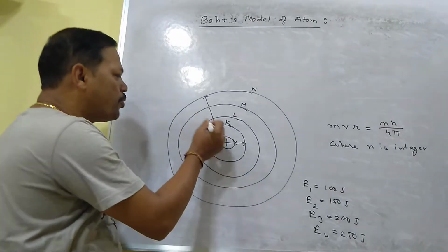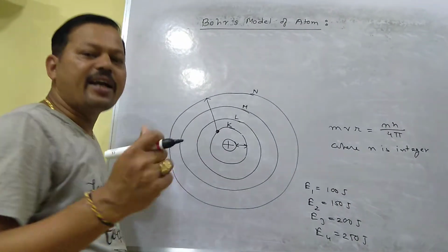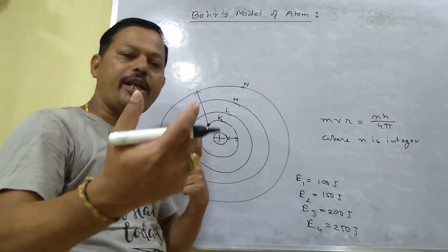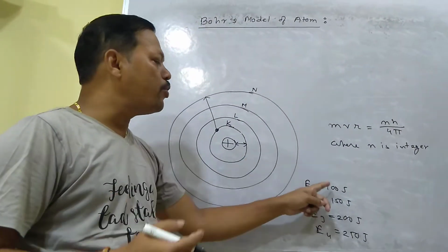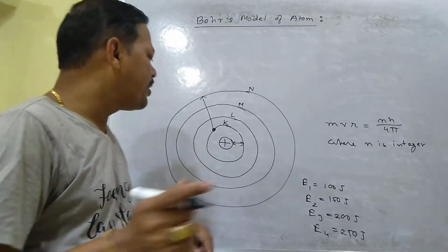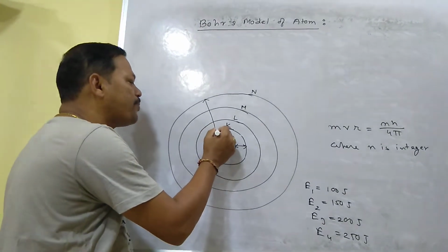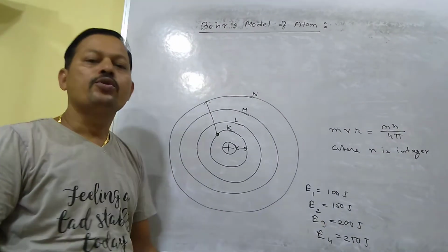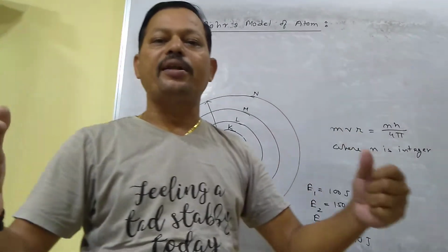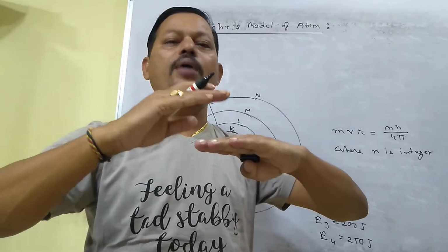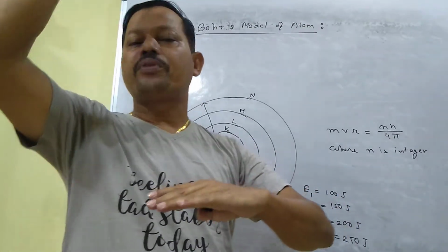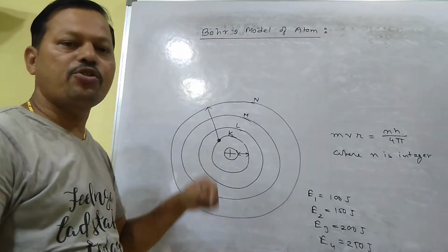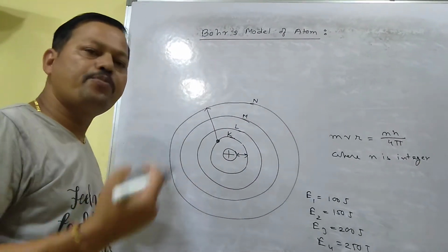But suppose this electron gains another 100 joule of energy. Initially the energy is 100, when it absorbs another 100, the total energy will be 200. Then the electron will automatically jump from the first shell to the third shell, because the third shell energy is 200. So depending on the amount of energy absorbed, it will jump from a lower level to a higher level. To which shell it will jump depends on the amount of energy absorbed.